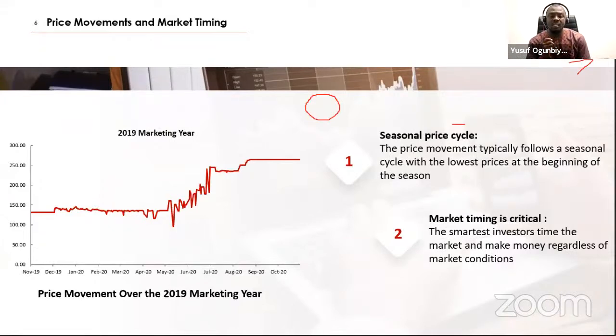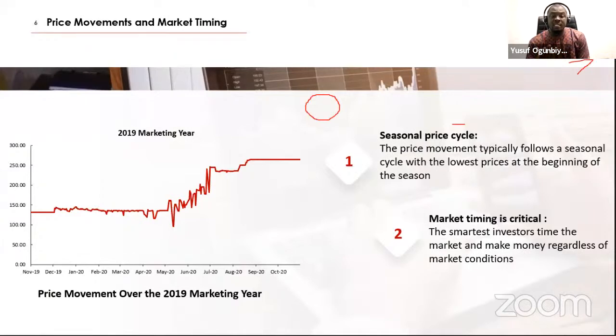The first one is that market timing is critical, but there's a popular saying by investors that you cannot always time the market perfectly all the time. So investors should be very particular about their research and knowing when to enter the market. That is how the best of investors buy assets of any type, and then they make their money off these investments.